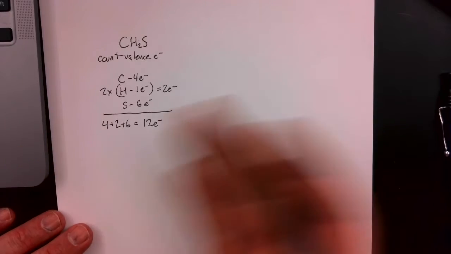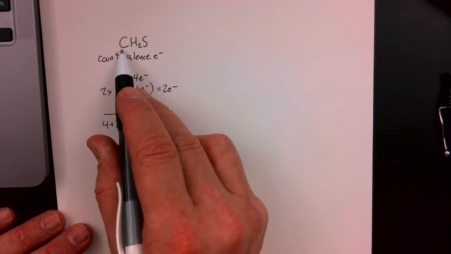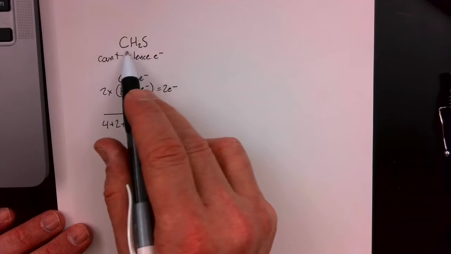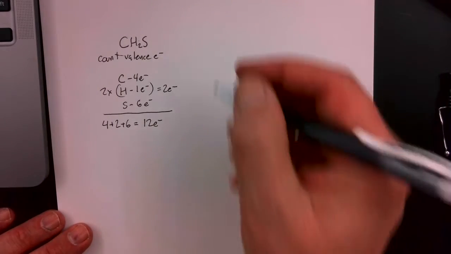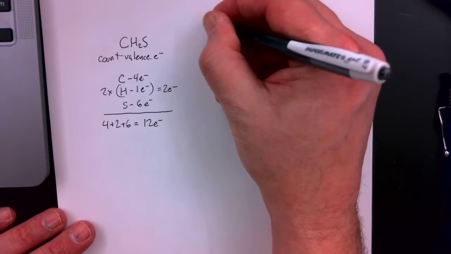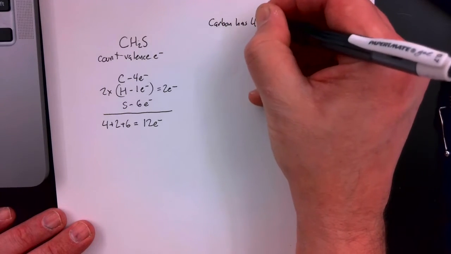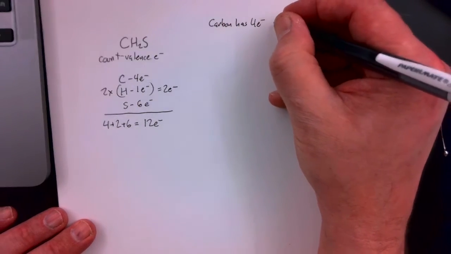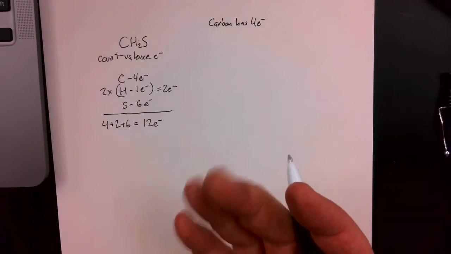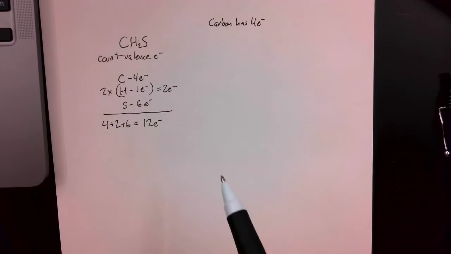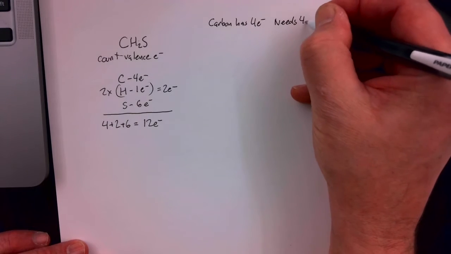But the question is now, how do we lay them out? Well, we're going to put one of these atoms in the center, and we'll lay the other ones around it. The reason is because carbon, for example, has 4 electrons to start with. But it's a little bit like being an optimist or a pessimist. Carbon has 4 electrons, yay, but it needs 4 electrons, boo, right?